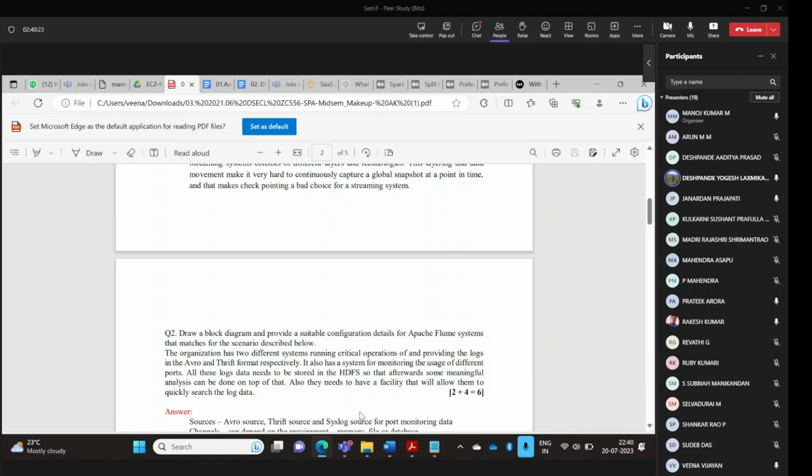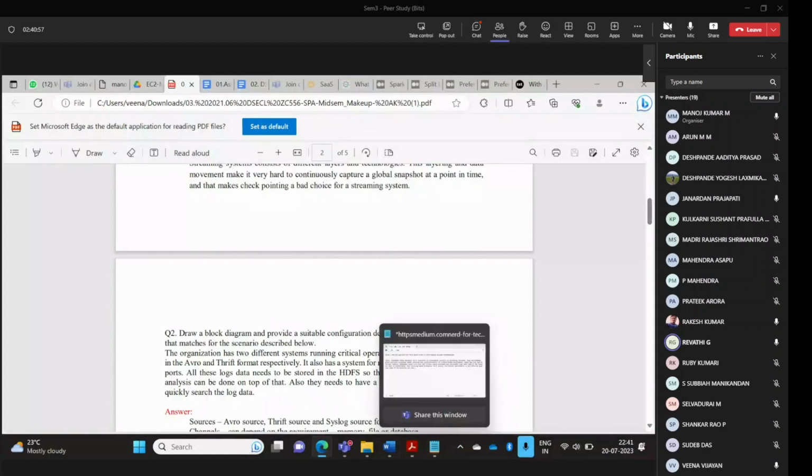There are two tools used to ingest data from the sources: one is Sqoop and one is Flume. Sqoop is used when the source is structured, but for unstructured sources or data, Flume is used. So Flume is a data ingester.